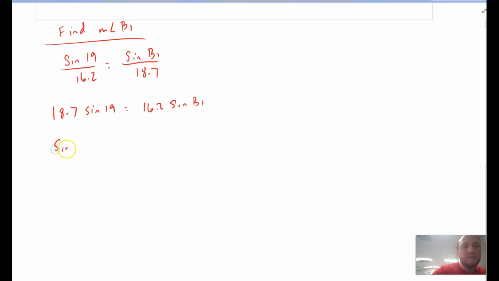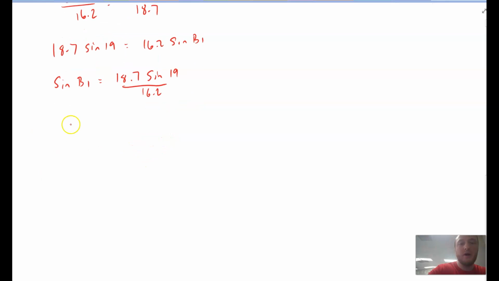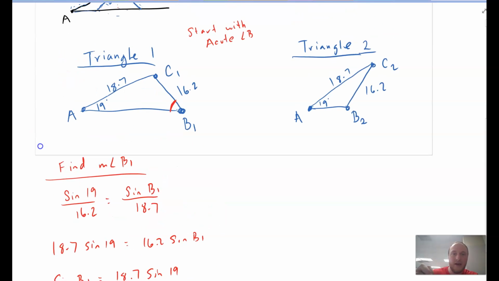I'll solve for sine of B1 by dividing by 16.2. Then to solve for B1, I do inverse trig: sine inverse of 18.7 sine 19 all over 16.2. You plug this in, and your answer is approximately 22 degrees. So I know that this angle right here is 22 degrees.